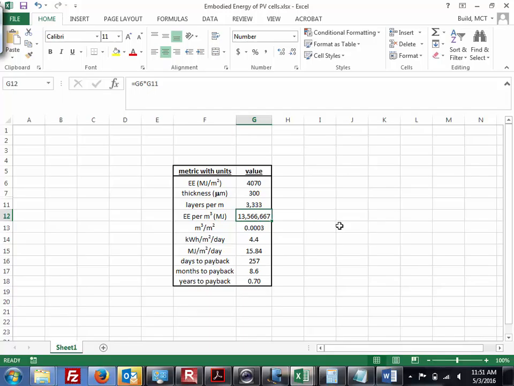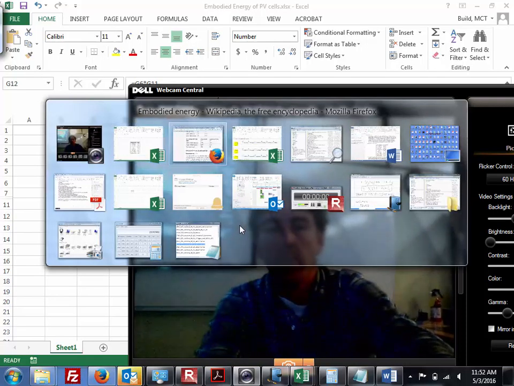It's a lot of juice. For a cubic meter of cells requires 13, so this was megajoules, gigajoules. It's more than you think. 13 terajoules to make a cubic meter of PV grade doped silicon. Well, start to finish.